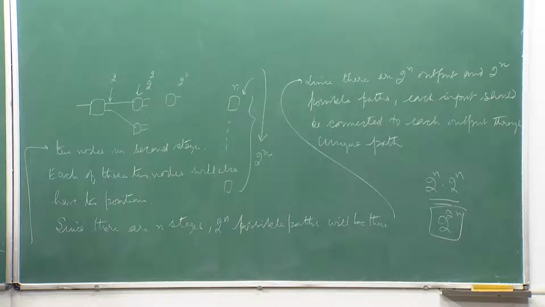So, let us go to the theorem 1. This again is for the same 2 raised power n by 2 raised power n delta network. So, whatever we have already understood, I am just formally writing it actually.